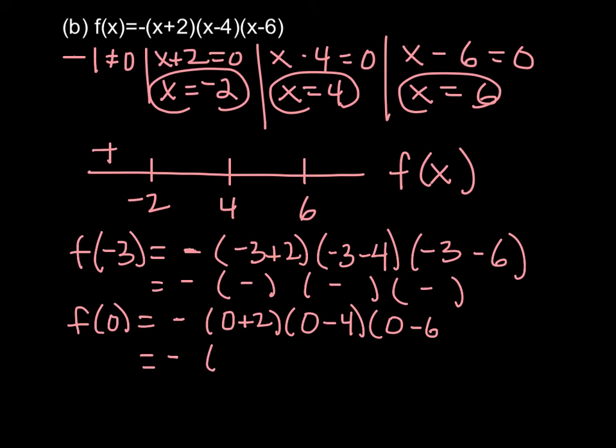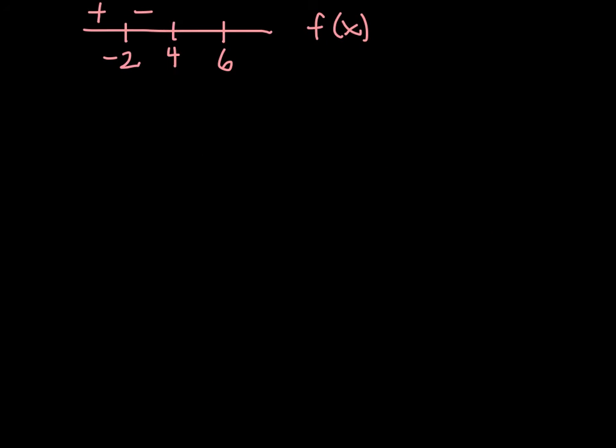In the first set of parentheses, I have a positive number. In the second set, I have a negative number. And in the last set, I also have a negative number. So I have a negative times a positive times a negative times a negative. And when you do all of that, we've got a negative number. So we're going to put a negative right in there.